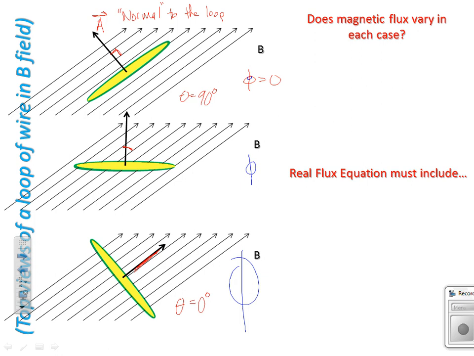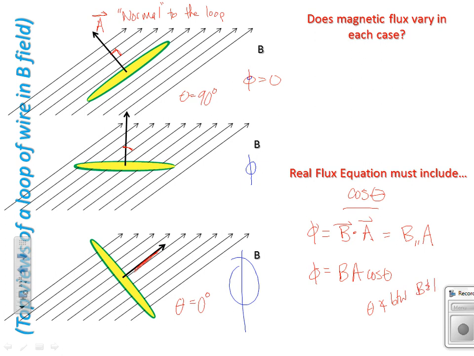That means that the real flux equation has to include cosine. Cosines are big when angles are 0. They're nothing when angles are 90. So you saw me write a while ago that flux is B dot A, which really means B parallel with A. And the way we do that is B A cosine theta, where theta is the angle between B and A.